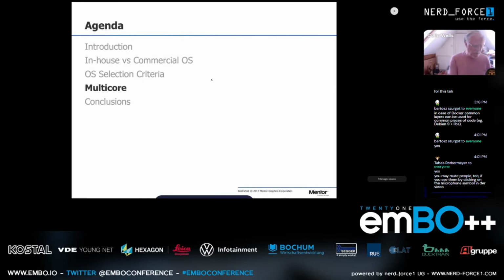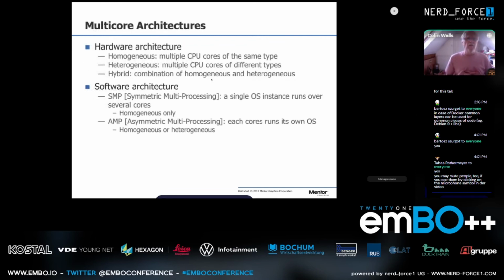Coming towards the end of the formal presentation here, I want to talk a bit about multicore, because embedded applications using multiple cores are becoming more and more common. So we need to make sure that we understand the operating system requirements. In multicore, we have different hardware and software architectures.